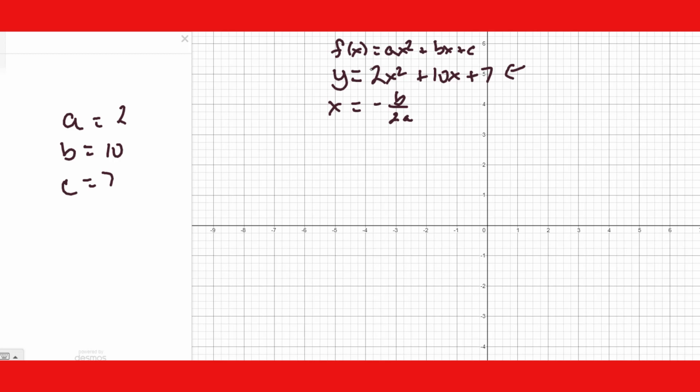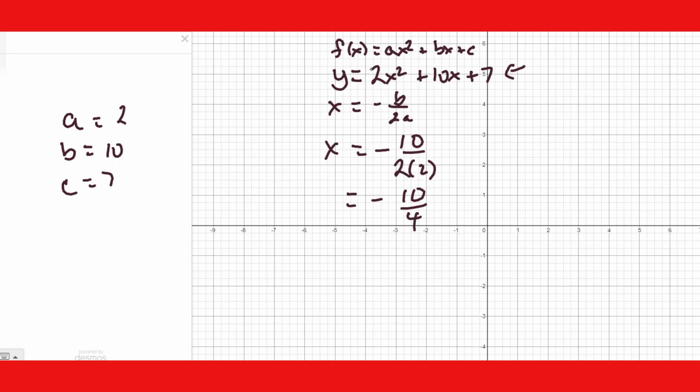So to find the vertex, we're going to find x equals negative b over 2a. That means we're going to have negative 10 over 2 times our a value, which is 2, which is equal to negative 10 over 4.